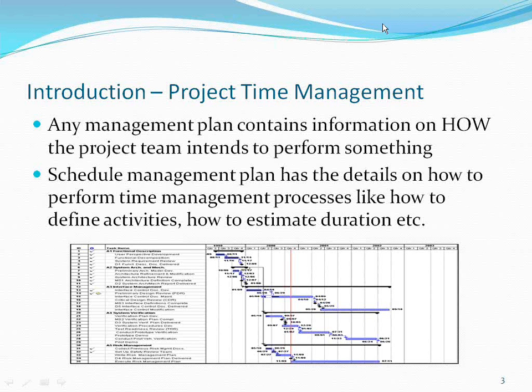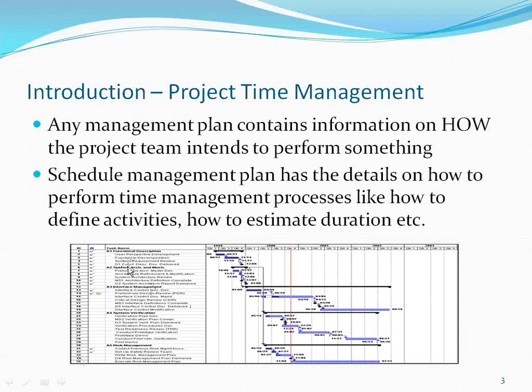If you see this screen, this is how the scheduling is done. This is from Microsoft Project Plan, one of the tools used for planning your project. On the left side, there are numbers, the number of activities you are doing, some sequence numbers, and then the task name, the activity level.